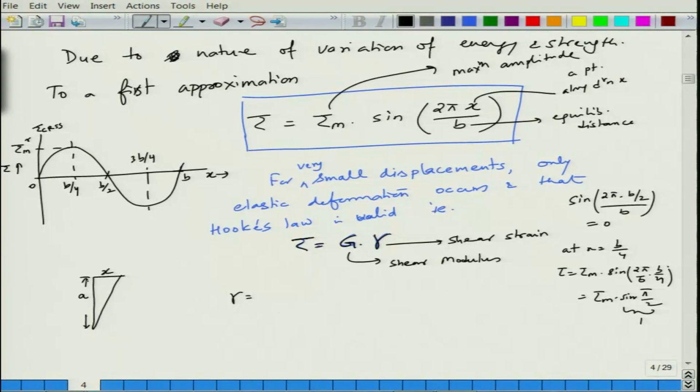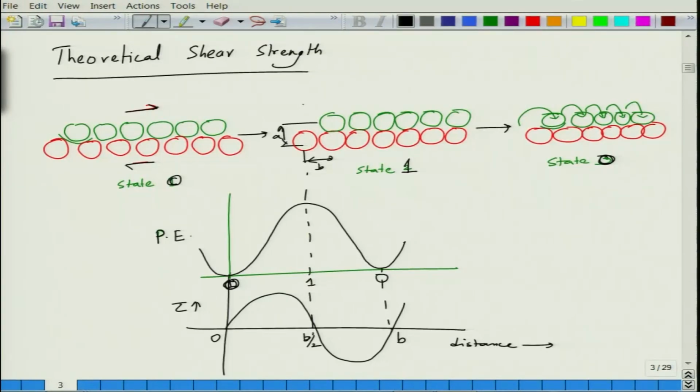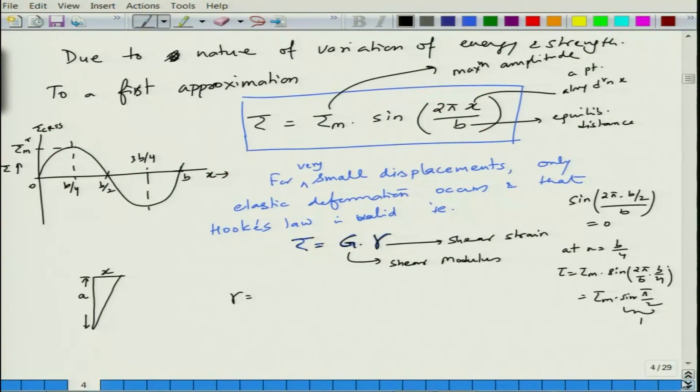You are moving in this direction and this is the shear strain you cause. So, gamma will be equal to x divided by a for small x, otherwise it would have been tan gamma. Basically we are saying that tan gamma is equal to gamma.